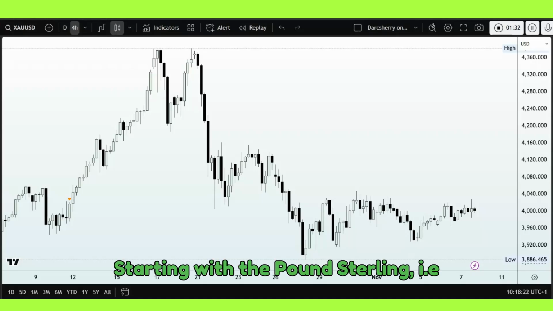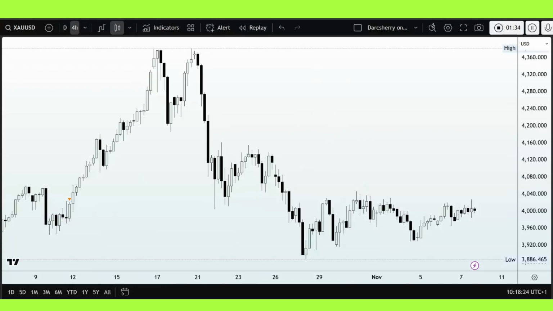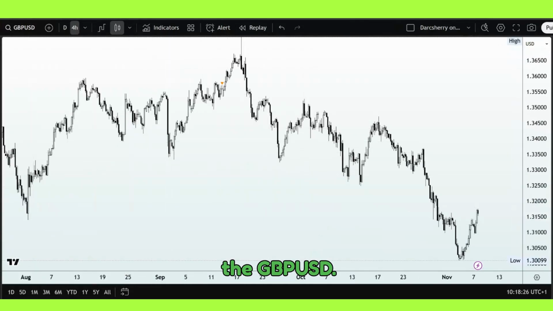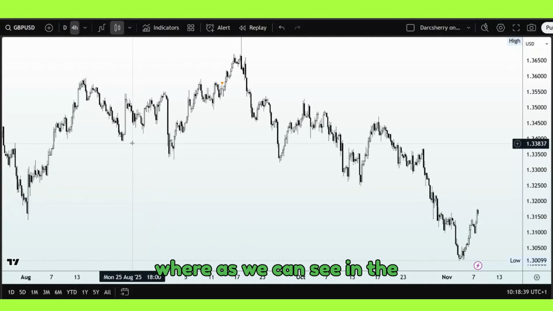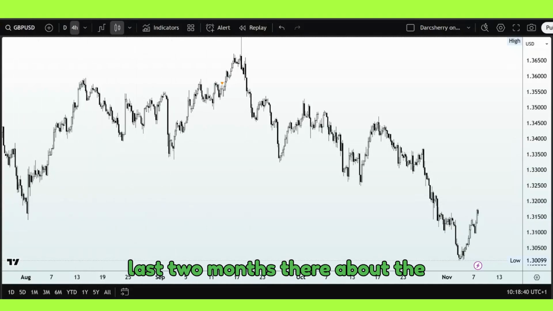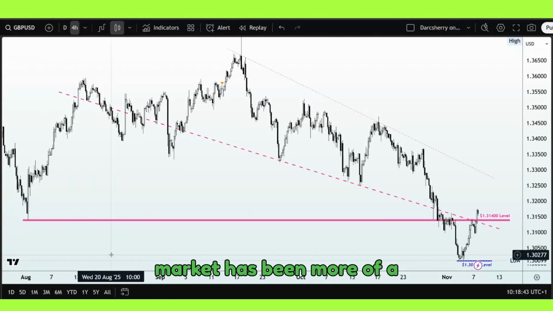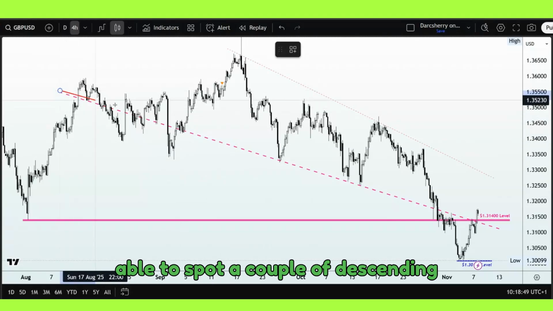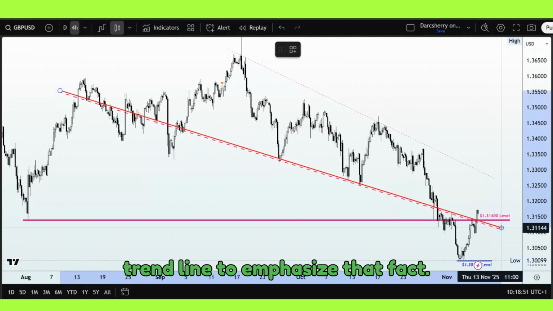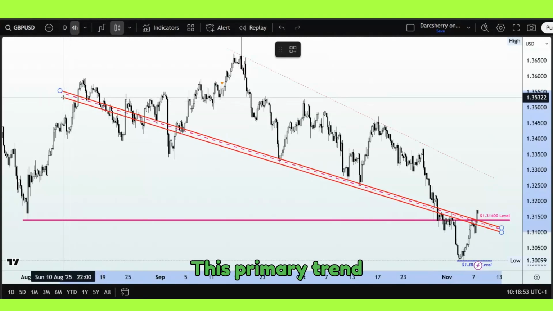Starting with the pound sterling, that is the GBPUSD. What you see on your screen right now is the 4 hour time frame, where we can see that in the last 2 months or thereabouts, the market has been in more of a downtrend, and I was able to spot a couple of descending trend lines to emphasize that fact.